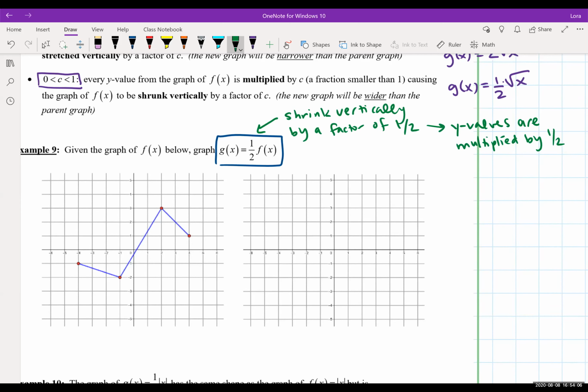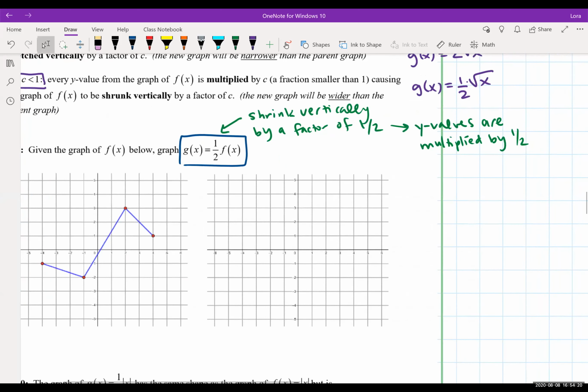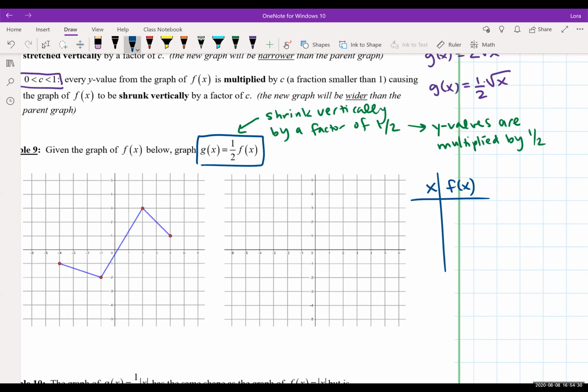So sometimes if you're having a hard time getting these shrinking and stretching vertically problems, I may go with the ordered pairs. So if you see me look at the graph of f of x, I'll write it onto the right for you all. F of x, if I make an XY chart, if I'm looking at each ordered pair, I do have the first one on the left, -4, -1.